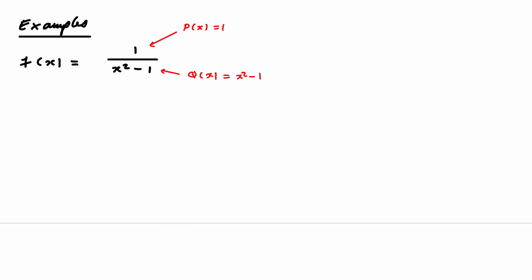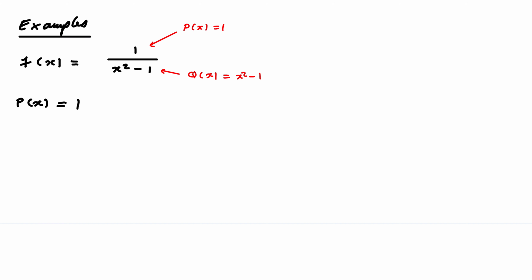So let's do domain first. In fact, no, let's do the x-intercepts. I did them first, didn't I? Okay, so first of all, p of x is equal to 1, right?